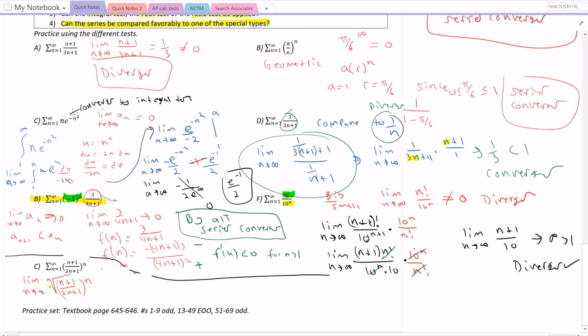Basically this nth root cancels out that n, and we're left with the limit as n goes to infinity of (n plus 1) over (2n plus 1), which goes to 1/2, since n over 2n behaves like 1/2, which is less than 1. So it converges absolutely.